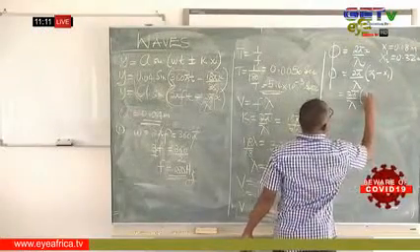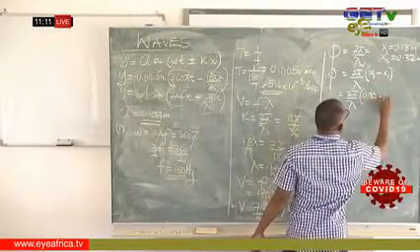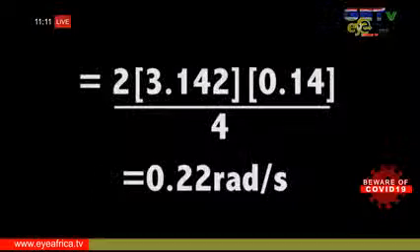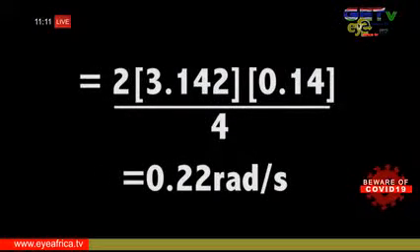So I substitute there: I have 0.32 minus 0.18, and this gives you a total of that answer, in radians. So this is the phase difference.